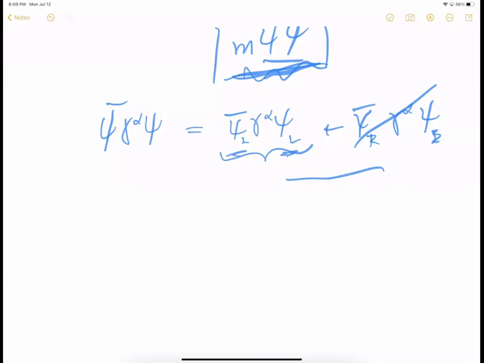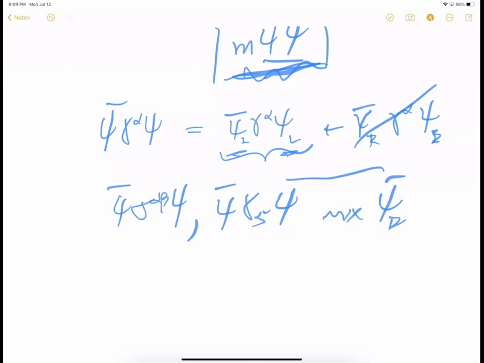Well, it turns out, and you'll show pretty easily, it's a quick calculation, that the tensor and scalar, so psi bar sigma alpha beta psi and psi bar gamma 5 psi, mix psi right and psi left.